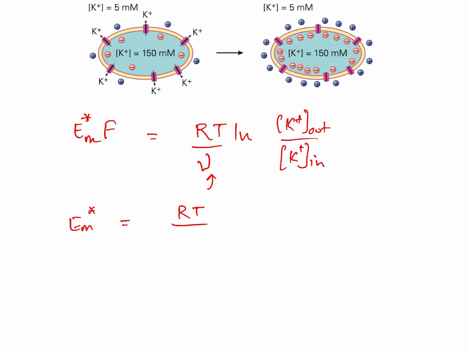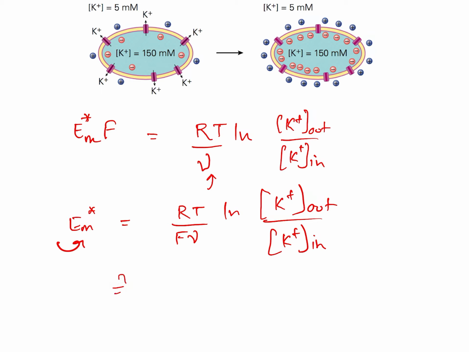If you just plug in the numbers, you will find that the equilibrium membrane potential, the resting potential, resulting from a difference in potassium ion concentrations across the cell is approximately equal to minus 87 millivolts.